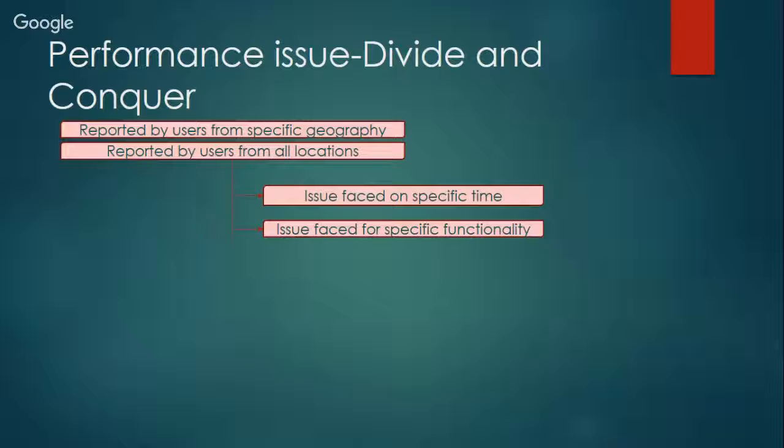Or we are facing this problem only for some specific functionality. This mainly happens when we are trying to pull some kind of reports or a very huge amount of data from some specific UI.